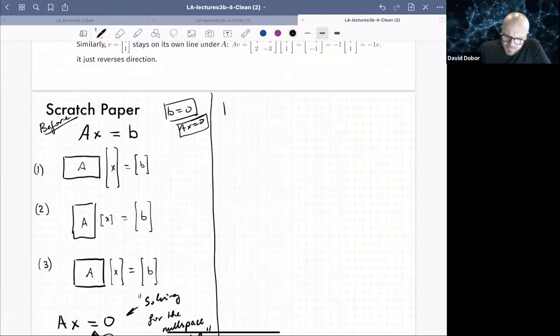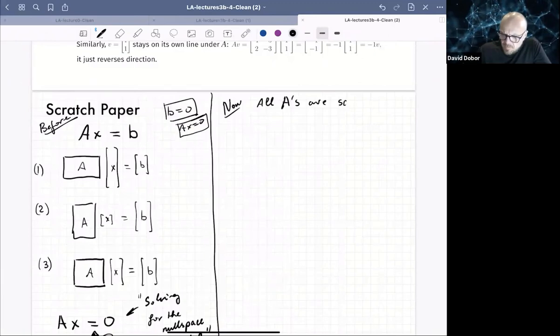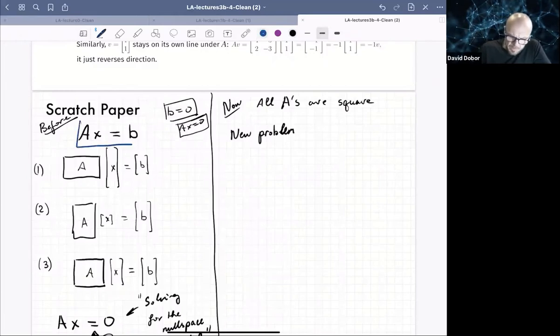So now we're going to be solving a new problem, and all the matrices, all A's, are square now from now on. Before it was AX equals B, so that was the problem before.